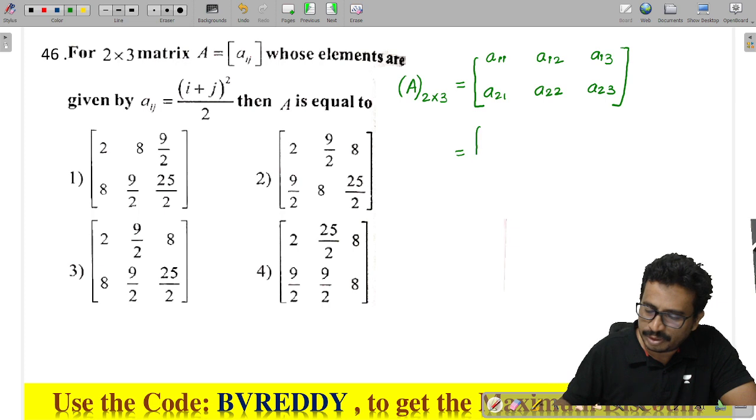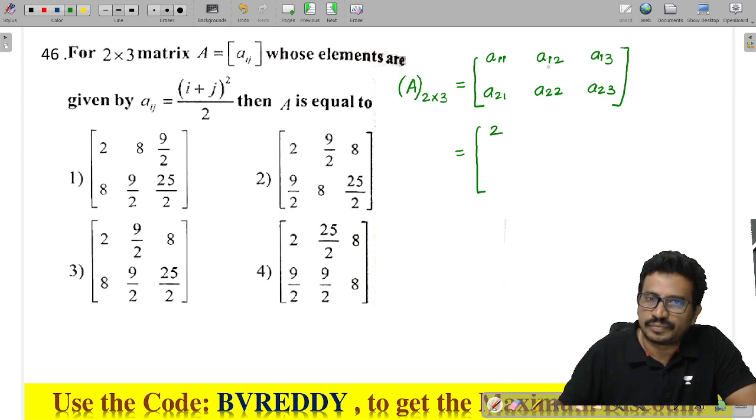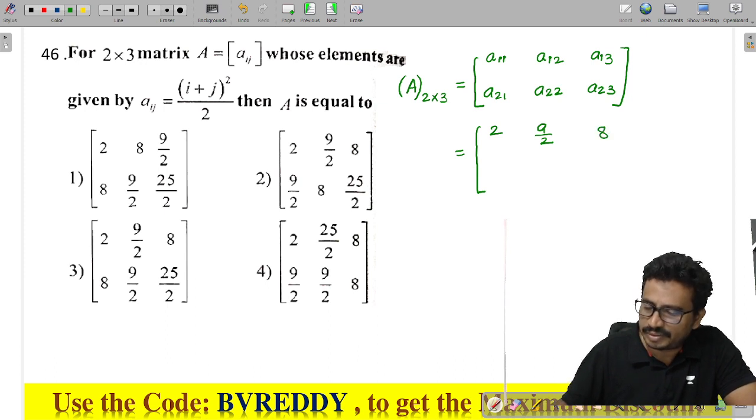So can you tell me this element, i plus j? If I add these two here, 2 square by 2 means 4 by 2, which is 2. Next 3 square, 9 by 2. Next 4 square, 16 by 2, 8.